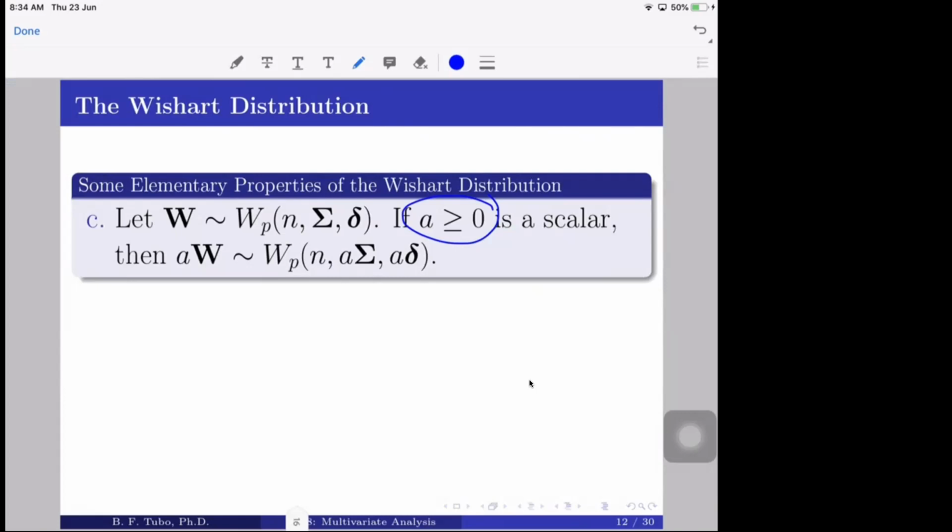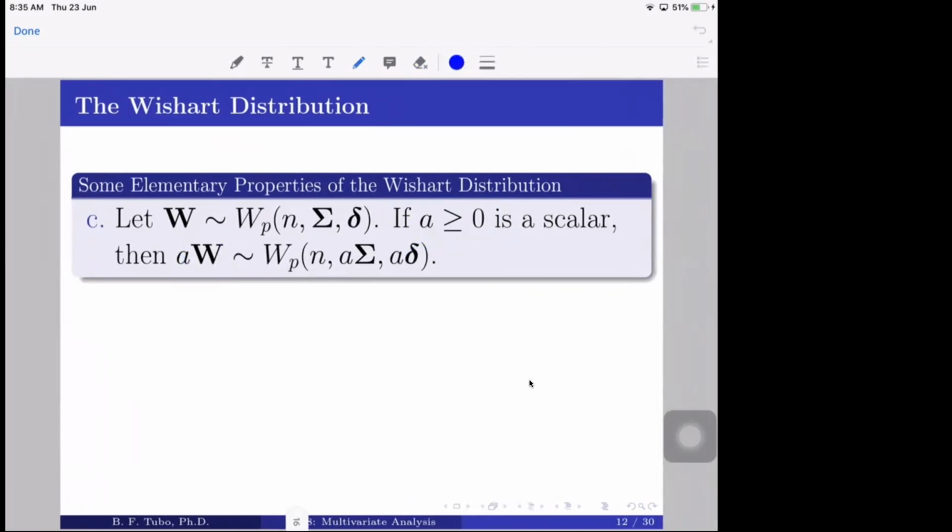But if you pre-multiply it by 0, everything here will become 0. So 0 times W. It is nonsense to talk about equality, no? Anyway. Maybe it satisfies, but we don't consider an A which is 0 because it will make everything 0.